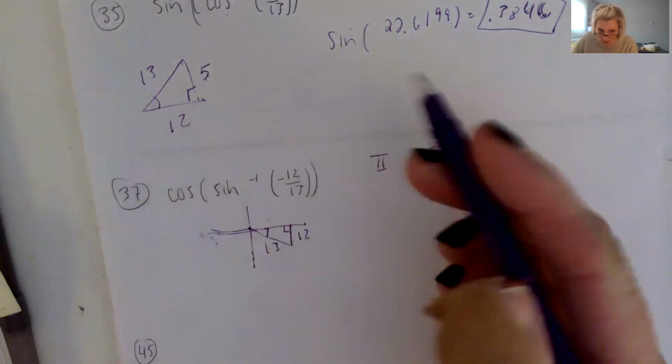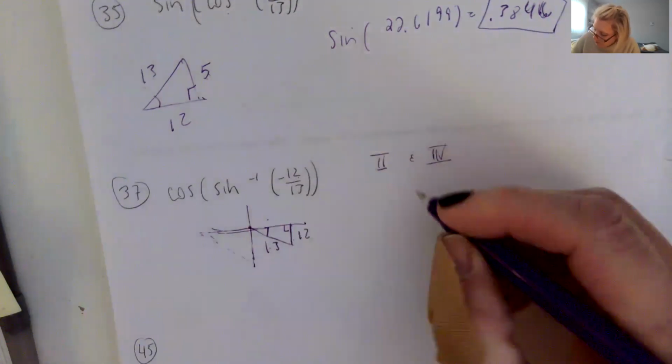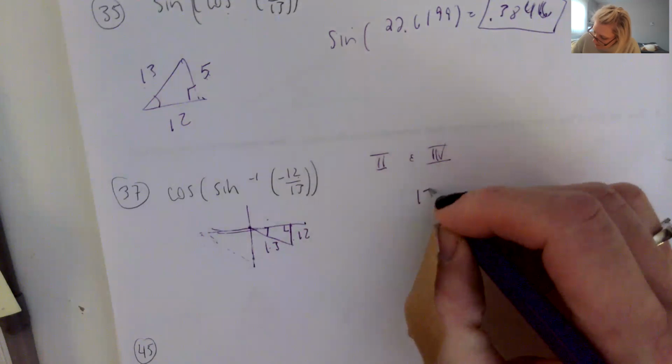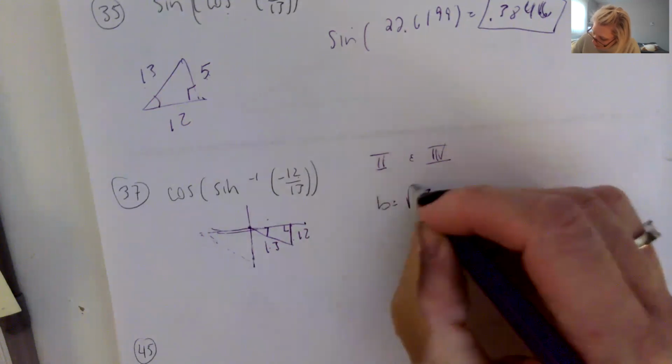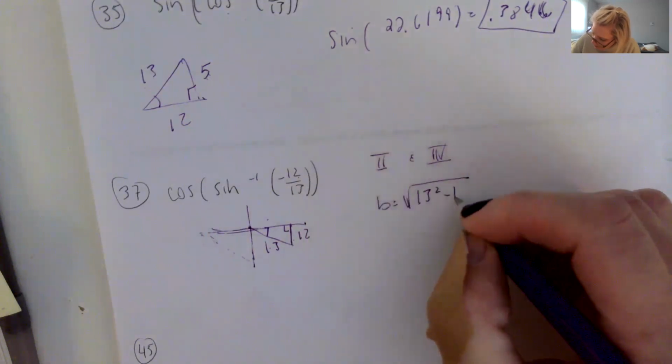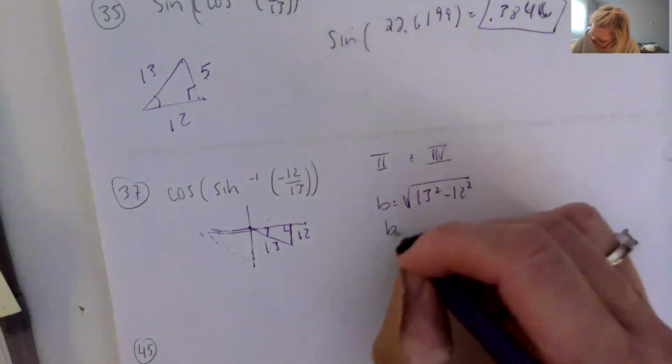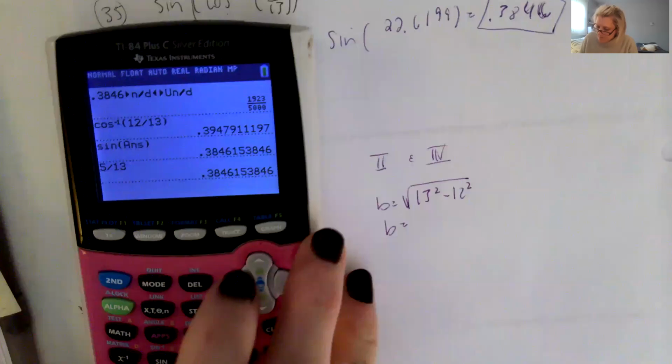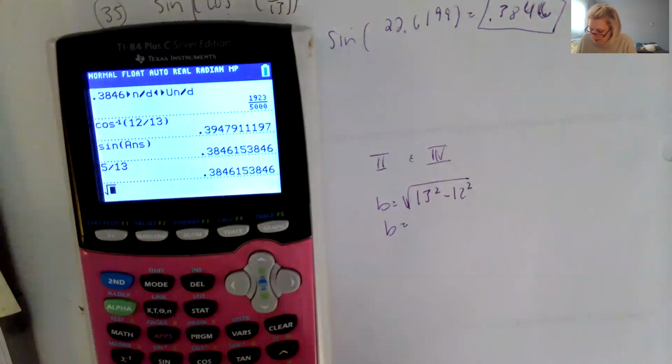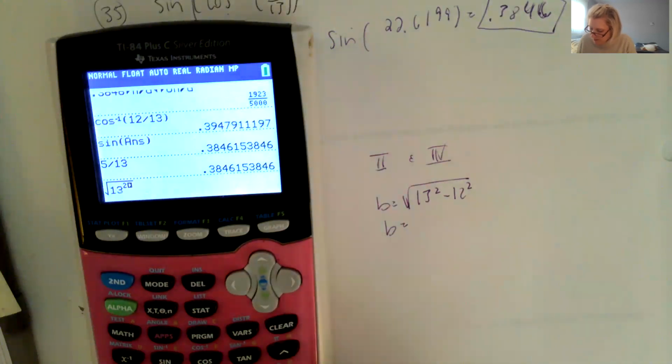Again, it's a special triangle. So we know that the missing side is going to equal the square root of 13 squared minus 12 squared, which is going to be 5.